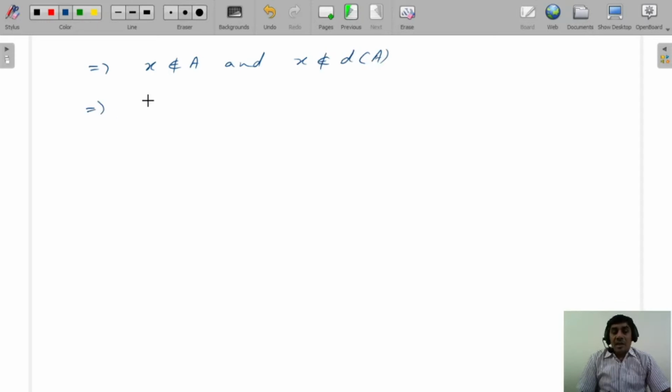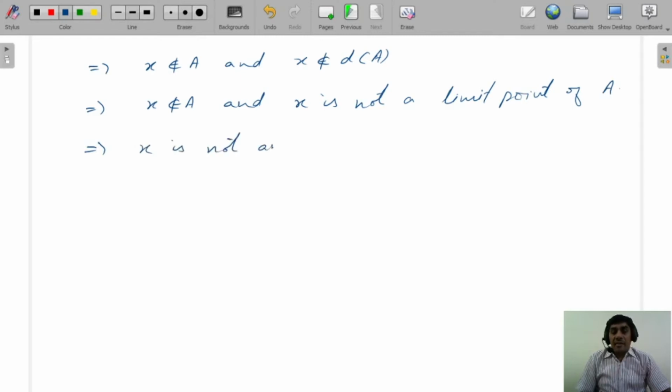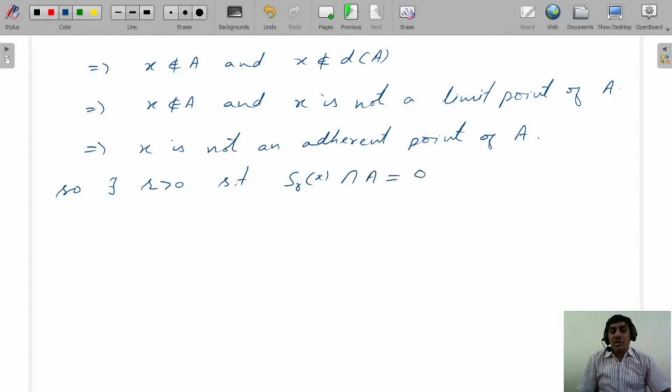This implies x does not belong to A and x is not a limit point of capital A. This implies x is not an adherent point of capital A. So there exists r greater than 0 such that the sphere centered at x with radius r intersect A is equal to phi.